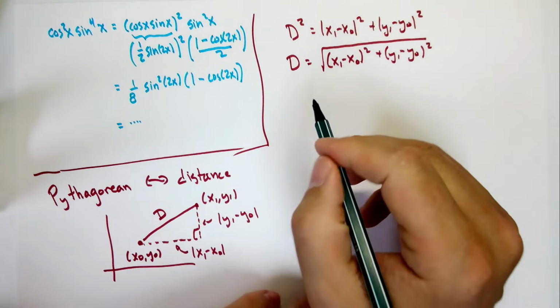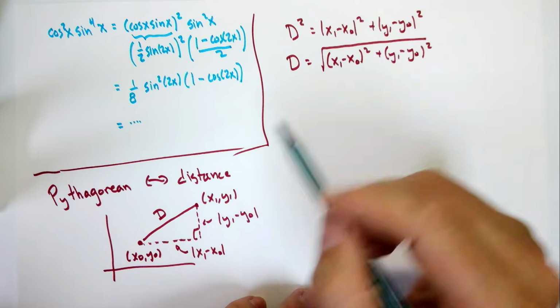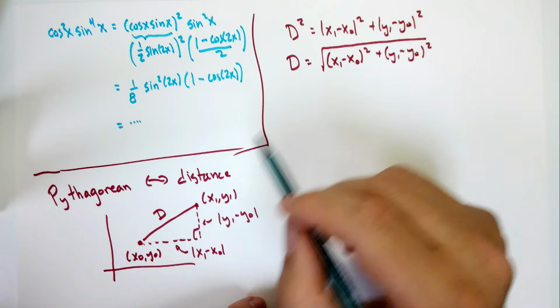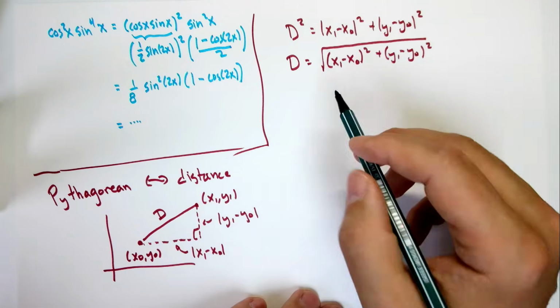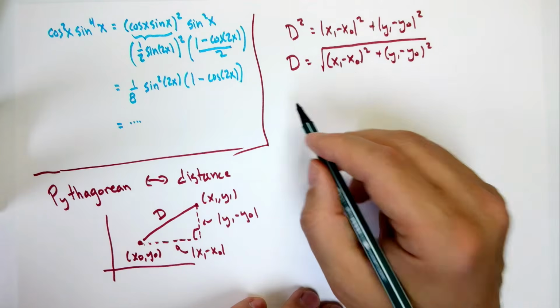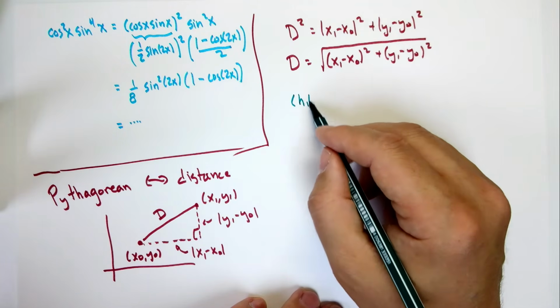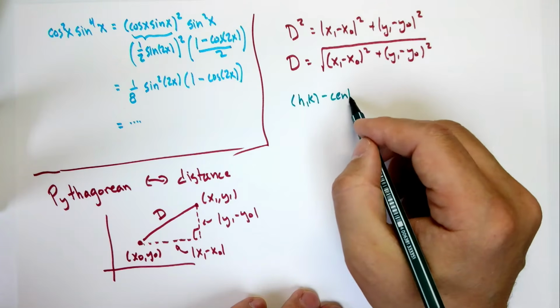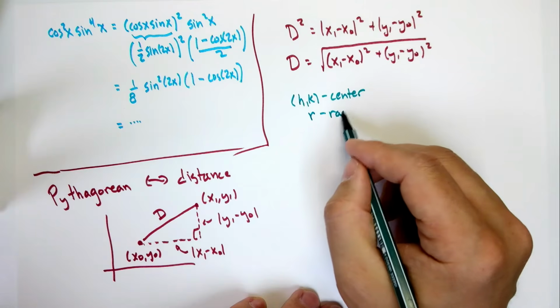All right. Now we can go a little bit further, and we can say, hey, what's a circle? Well, a circle is all the points which are the same distance from a center. Suppose we set x0, y0 as our center; we'll call it h, k. That's the center. And I want all the points which are distance r; we'll call that the radius.